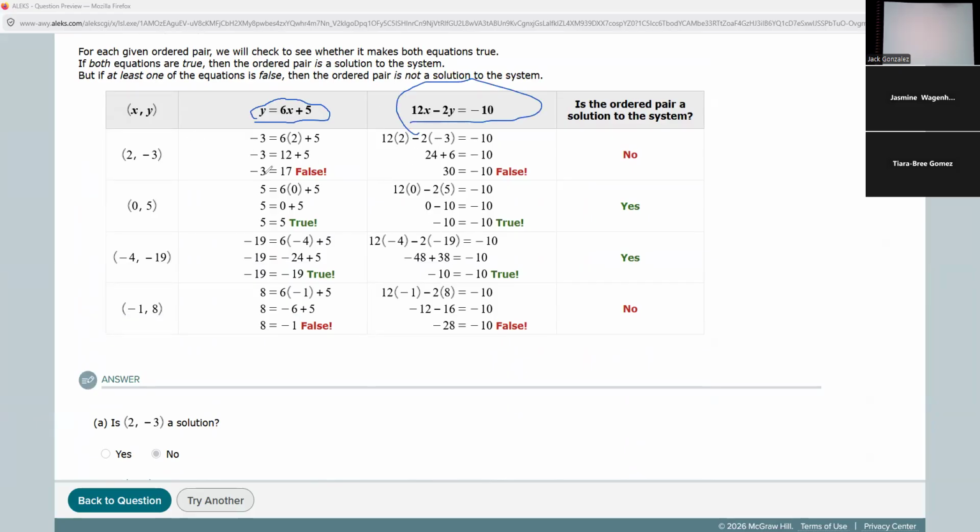And notice that here we get what we saw earlier, -3 goes to 17 and 30 goes to -10. So no, not a solution to the system. Basically, the only way it's a solution to the system is if it satisfies both at the same time. See how in this one, they plug this guy in and this guy, and they got a yes, and another yes.